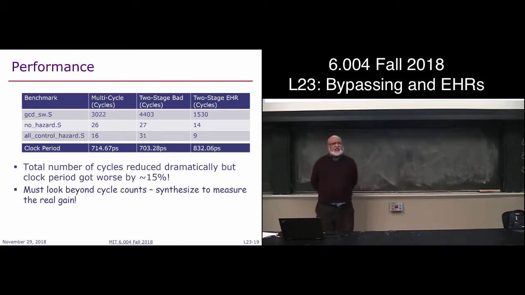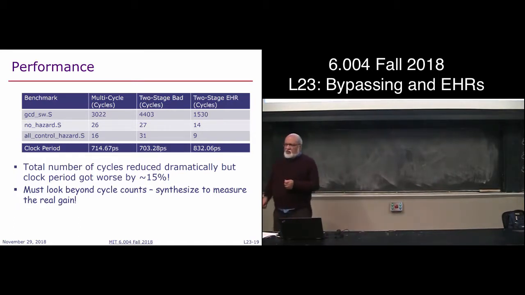This last one is the one that is done using EHRs. See what happens to the number of cycles. They drop dramatically, because the moment you see it, wham, you go and update it at the same time.